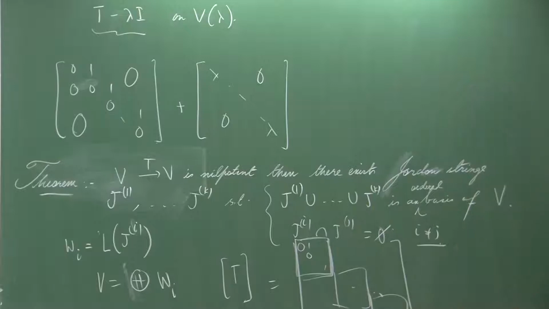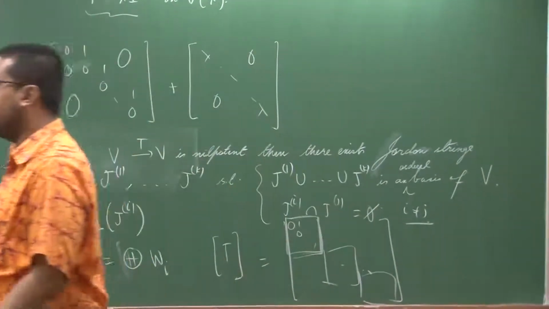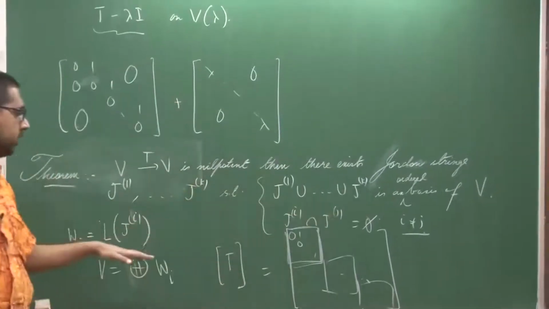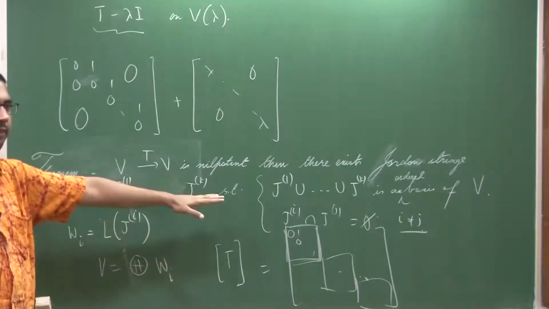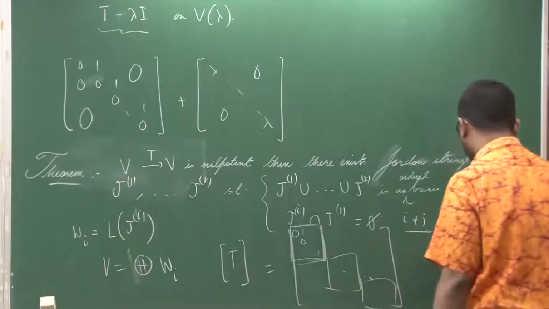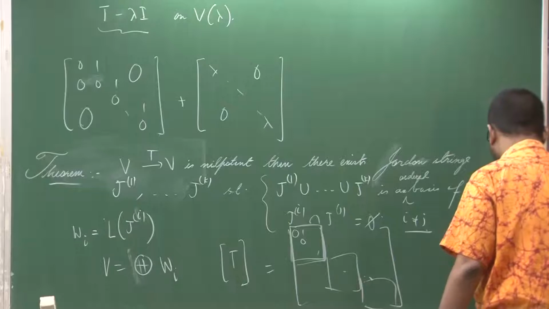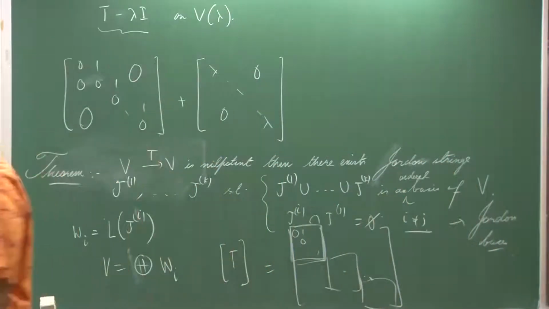Okay. So once I can prove this, that shows that for any nilpotent operator I can find a basis. Such bases are called Jordan bases: a basis which is the disjoint union of some Jordan strings.